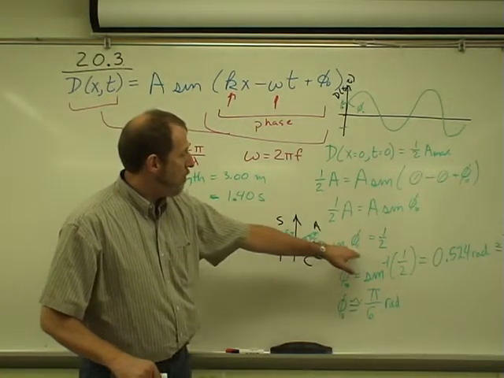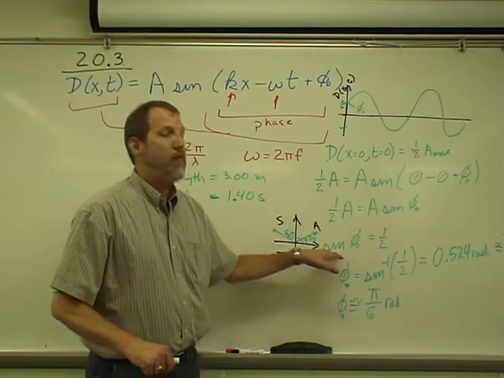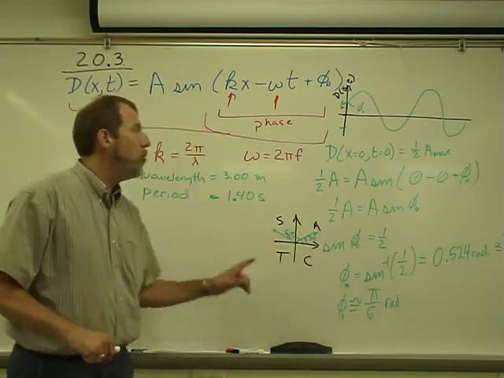The sine of pi over 6 is 1/2. The sine of 5 pi over 6 is also 1/2. So which one is it?